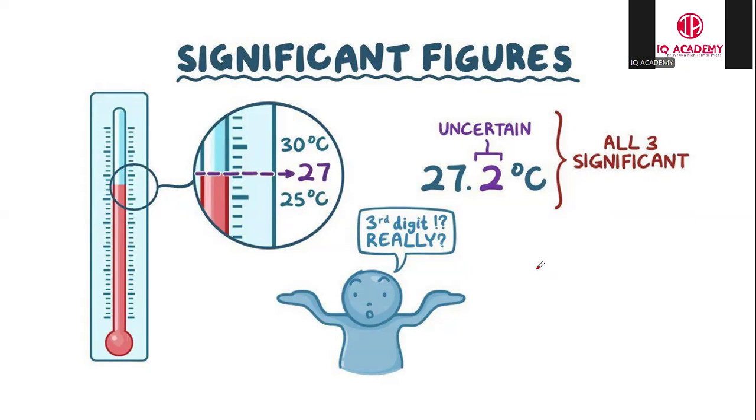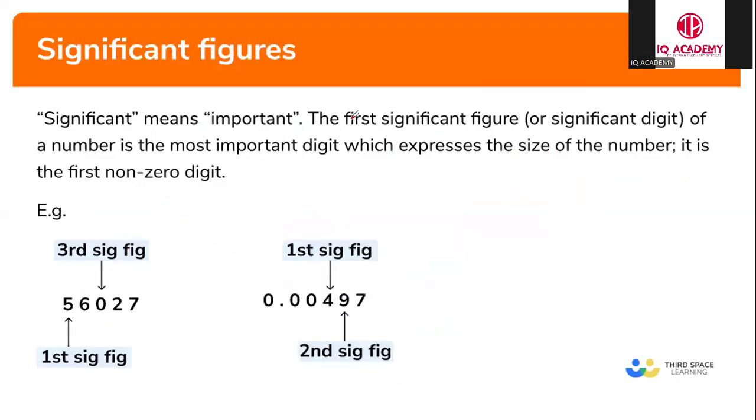These significant figures are the numbers that give us the correct information or interpretation of a certain value. I think I have a definition. So this is the definition here.